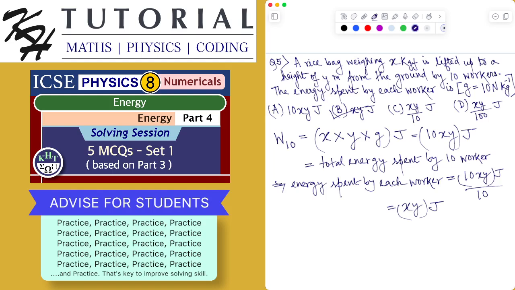The gravitational potential energy we know is mgh, the mass of the rice bag multiplied by the height from the ground, y meter, and g, the acceleration due to gravity. So the total work done is 10xy joule, and hence the work done by each worker will be 10xy joule divided by 10, that is xy joule, which is also equal to the energy spent by each worker.